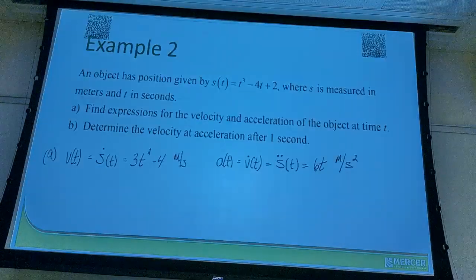And then B, velocity and acceleration after 1 second. So what's the velocity? Negative 1 meter per second.